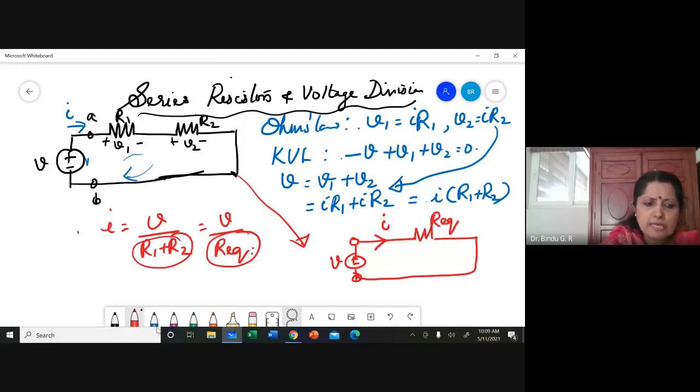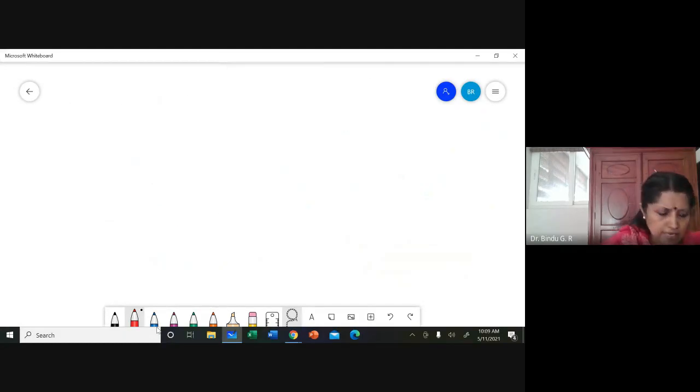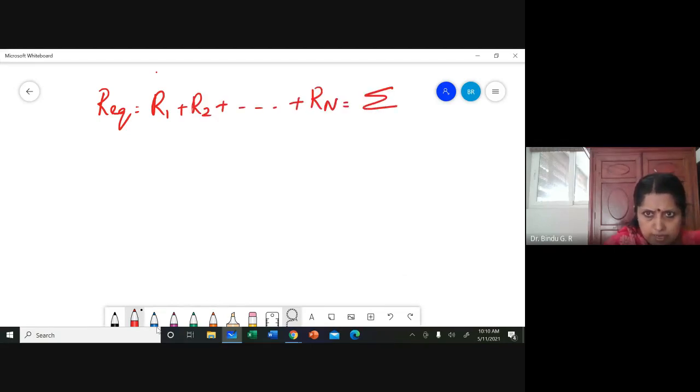I needn't pause here, I hope, because all of you know what it is. And then I can write R equivalent is equal to R1 plus R2 plus etc. up to Rn, which is equal to the sum from n equals 1 to n of Rn, where you have a number of resistors, not only R1 plus R2, up to Rn.